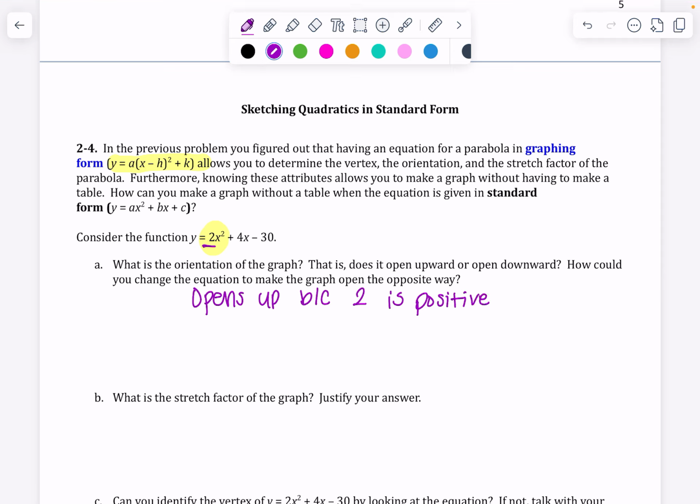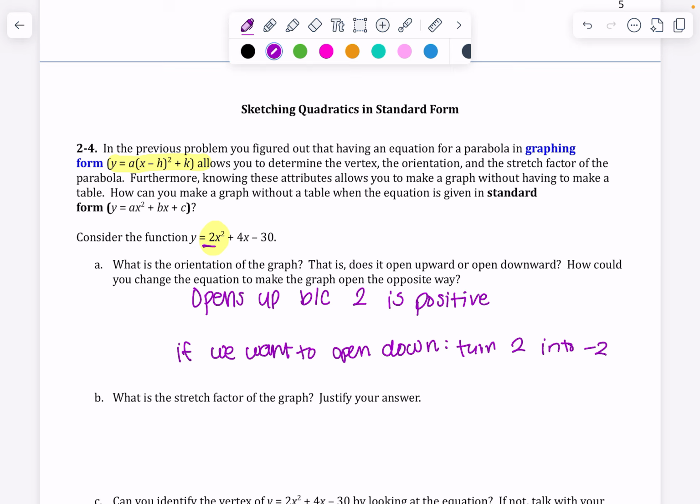And if we wanted it to open down, just like with vertex form, we would need a negative up front. So if we wanted to open down, we need to turn 2 into -2, right? That's going to cause it to open down.